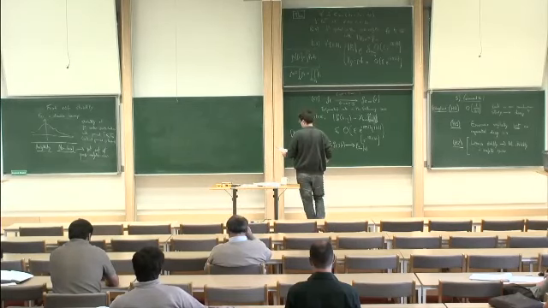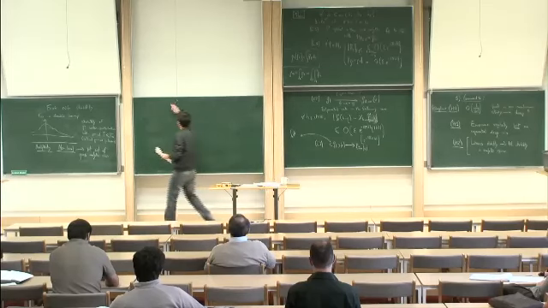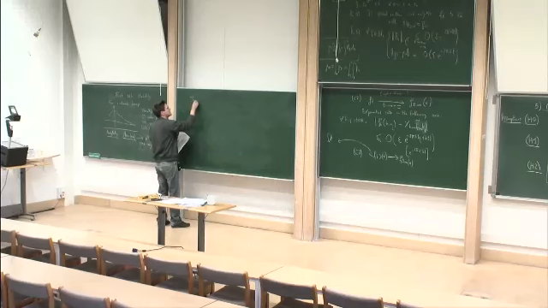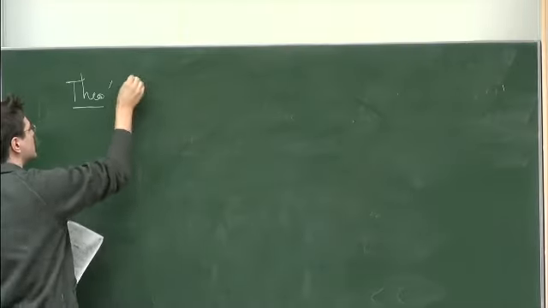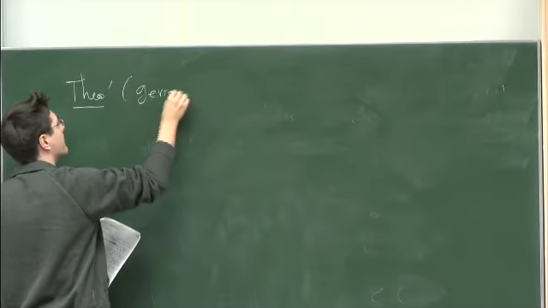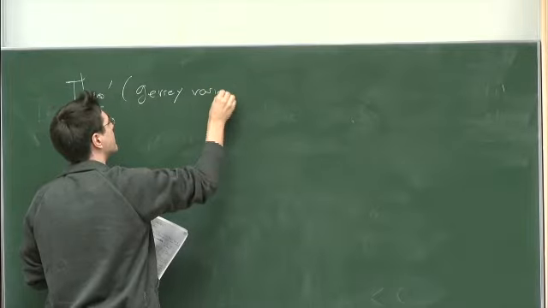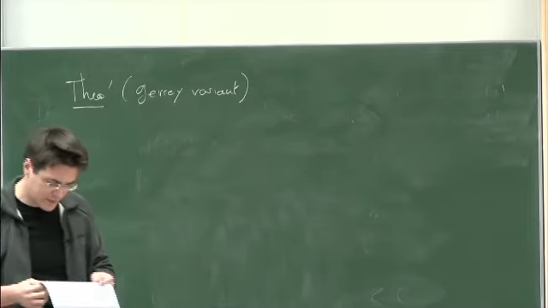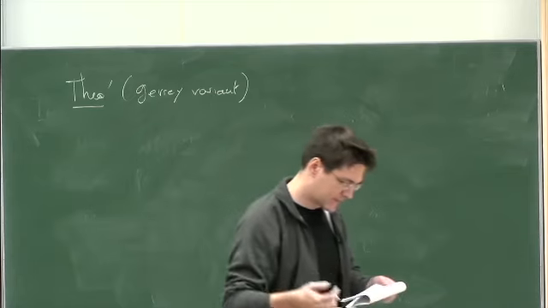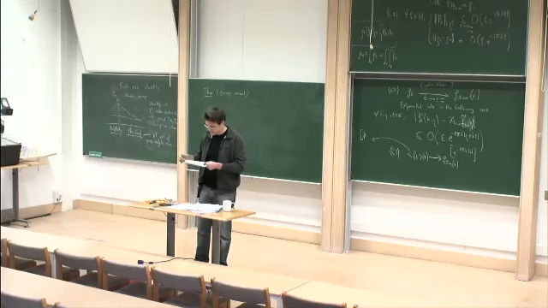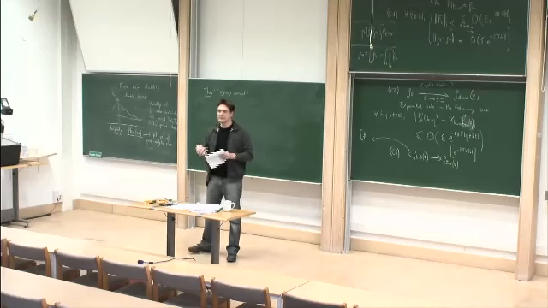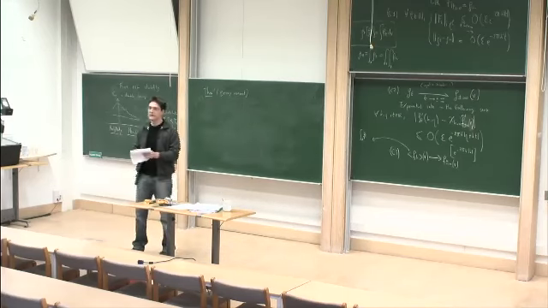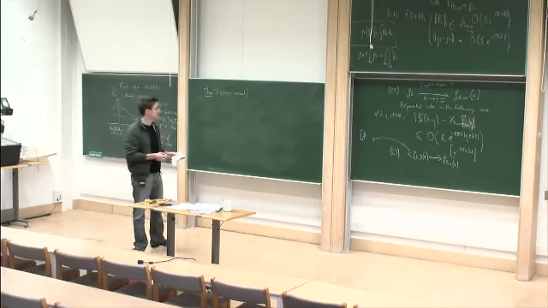So let me state a variant. Let's say theorem prime. This is a Gevrey variant. For some reasons that will become clear, I hope, next hour or next week, we need something with regularity better than any fixed number of derivatives, than any Sobolev, any C^k.